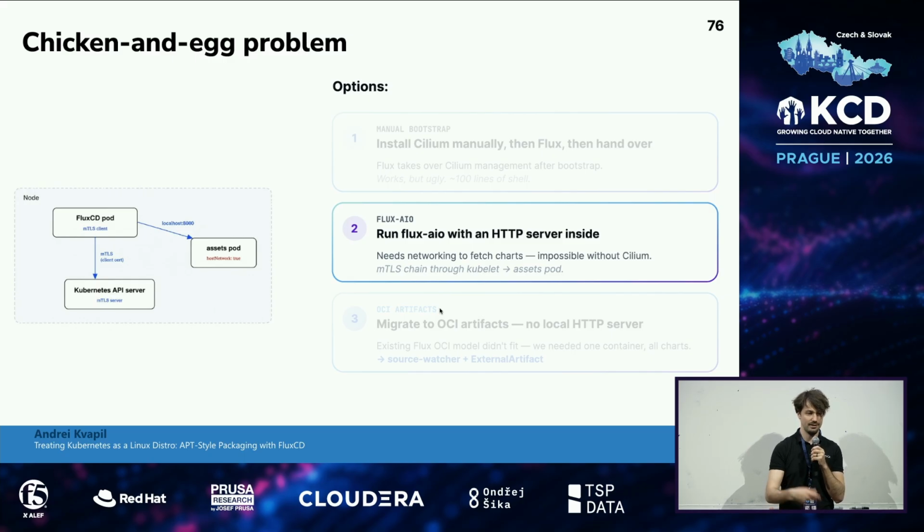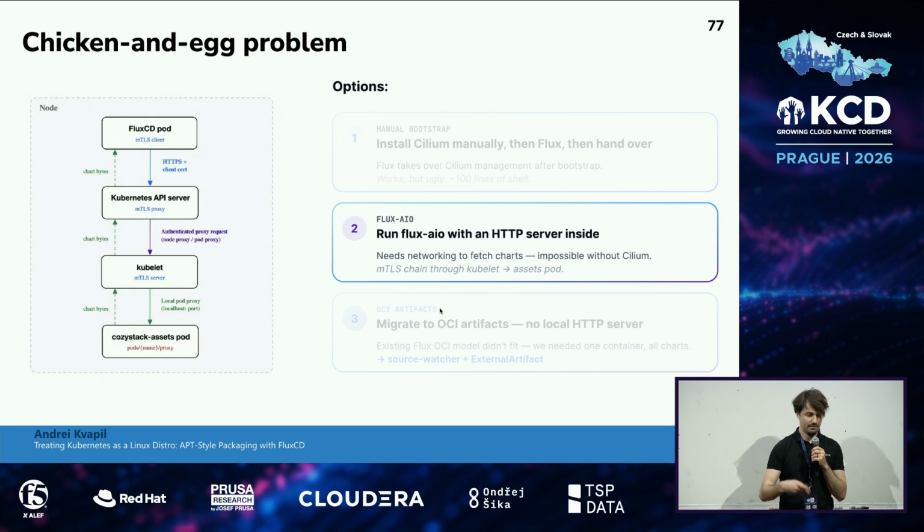You can create a sidecar, but then updating the asset pod's container will also restart the whole FluxCD. And we found a more fancy solution: reusing the Kubernetes API server in a wrong configuration, I would say. If you know, kube-apiserver allows you to run port-forward, but it also exposes it as a single HTTP endpoint.